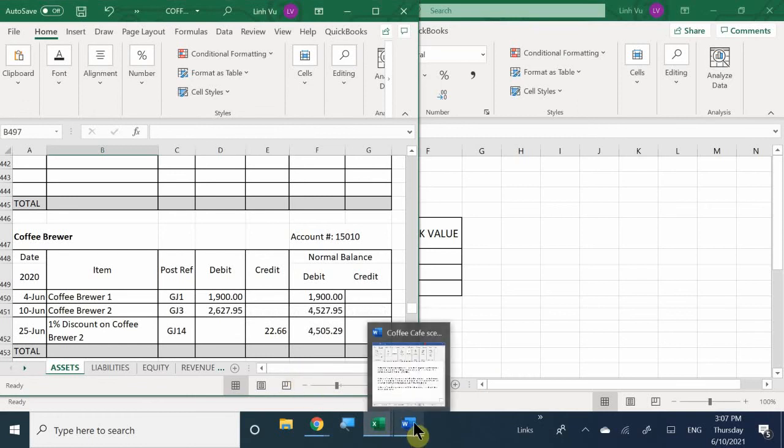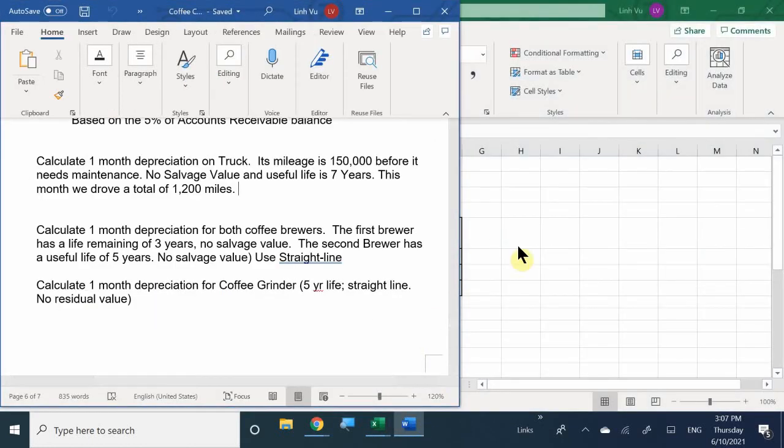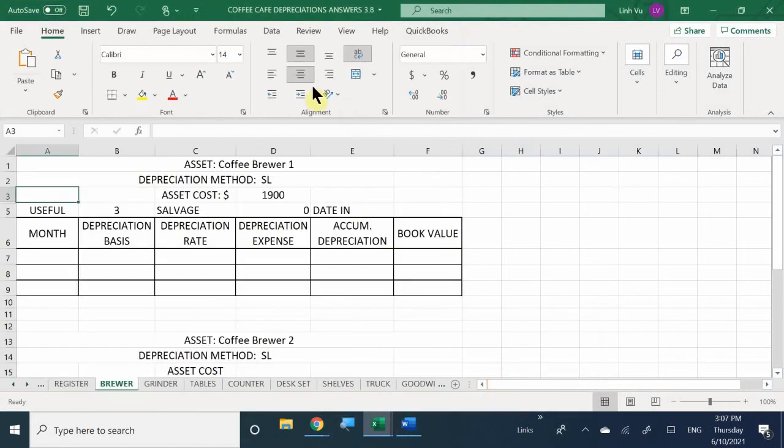So therefore, when am I going to depreciate it? We're going to depreciate it for the month of June. We're going to do it as of the 1st of June.